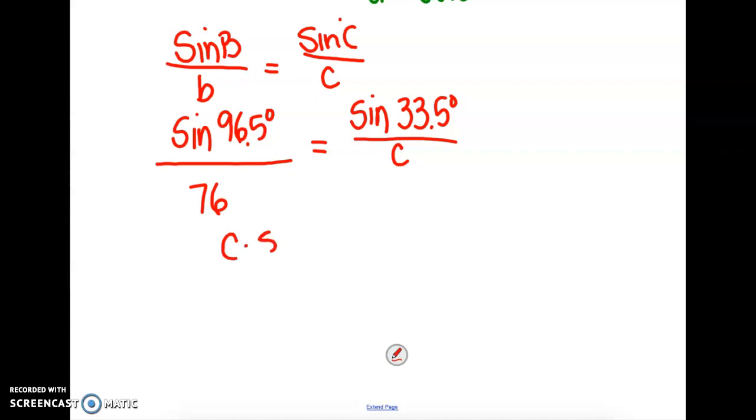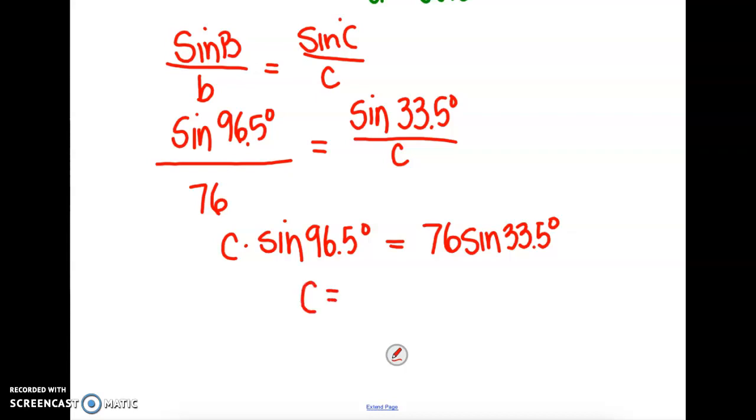So c times the sine of 96.5 degrees equals 76 times the sine of 33.5. Now ready to undo. We want to isolate that c. So we divide both sides by the sine of 96.5 degrees.